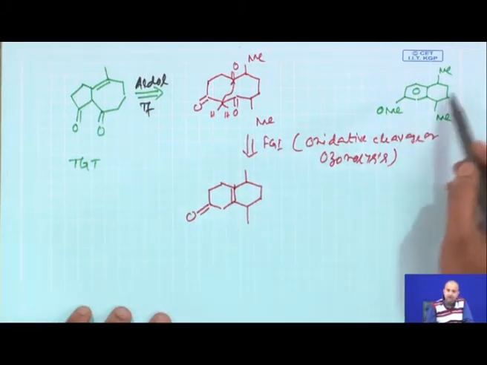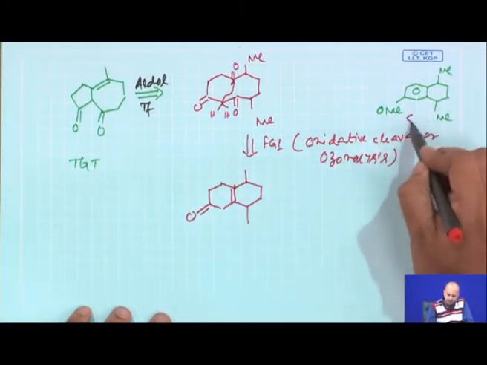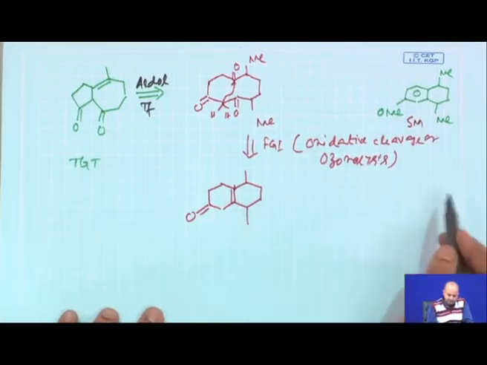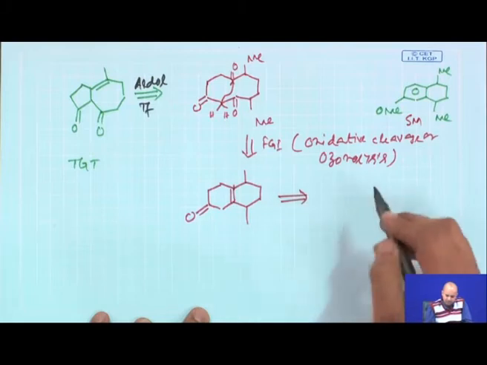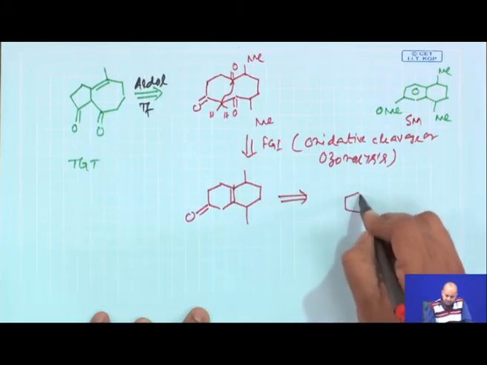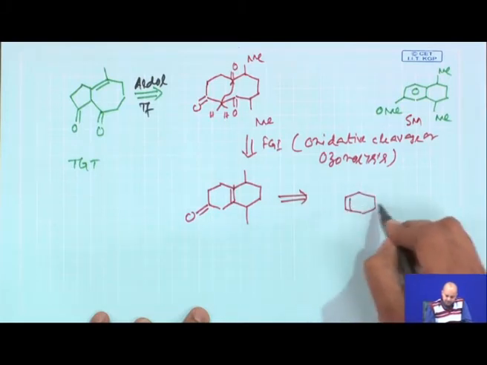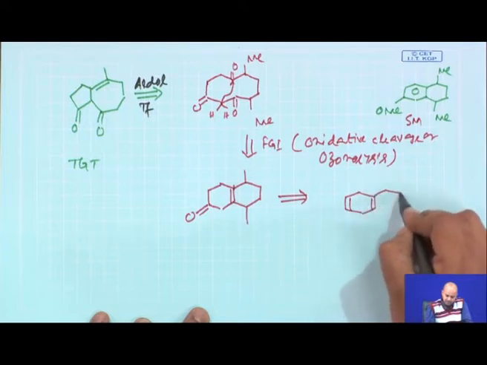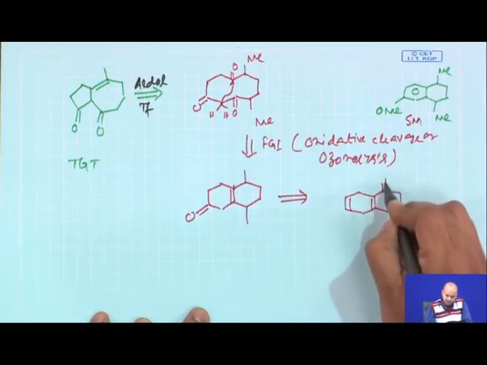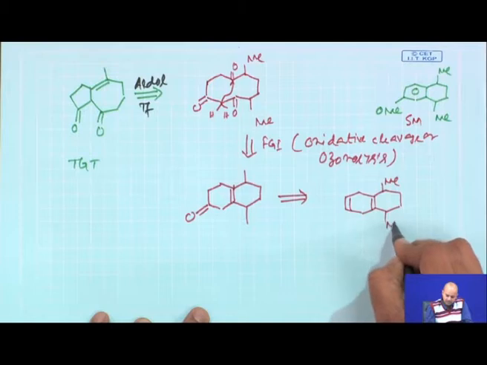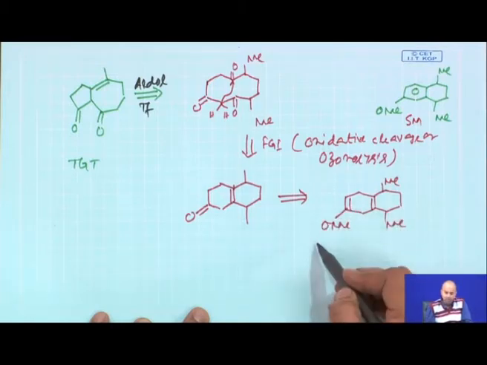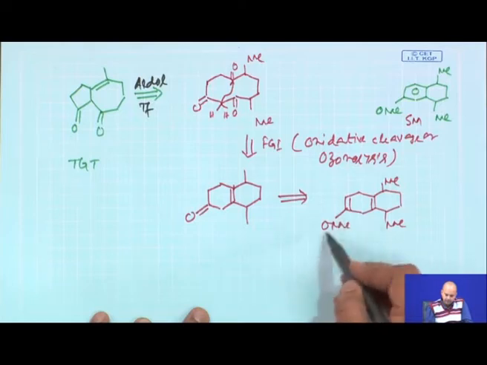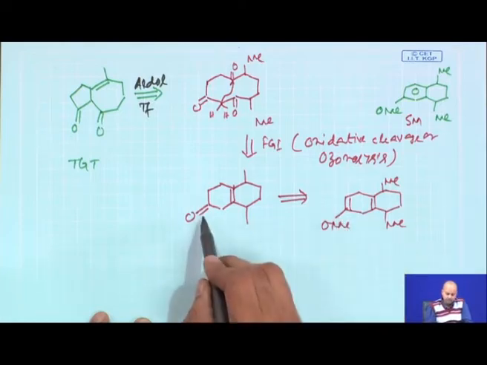Now, try to correlate with this starting material, the starting material was given here. This reminds you that if you have this kind of compound which undergoes enol ether hydrolysis, it can give you this kind of ketone.